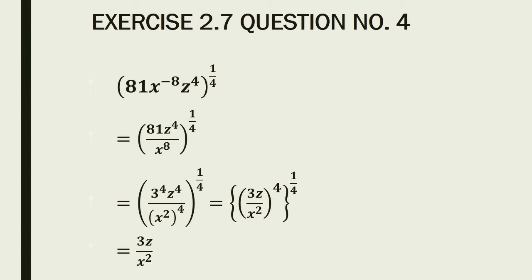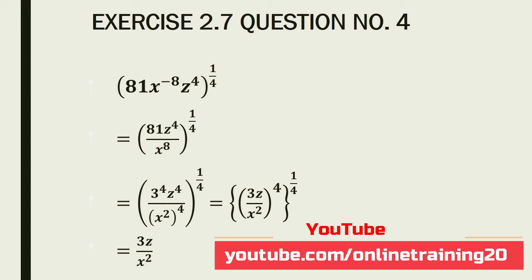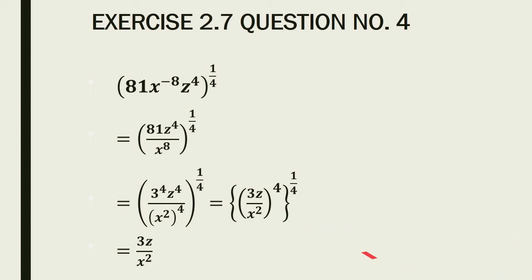So let's move to question number 4. There is 81 x raised to the power minus 8 z to the power 4, whole raised to the power 1 over 4. Just rearrange this question as 81 z to the power 4, put x to the power minus 8 in the denominator, whole raised to the power 1 over 4. So again we can write 81 as 3 raised to the power 4, z to the power 4 as it is, and x to the power 8 can be written as x squared whole raised to the power 4.